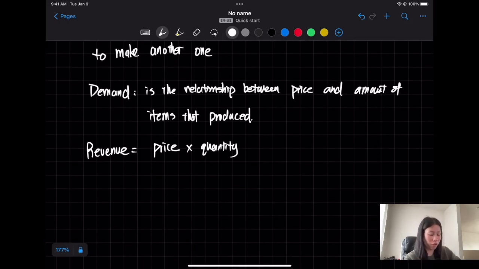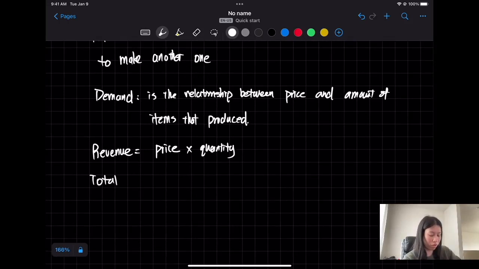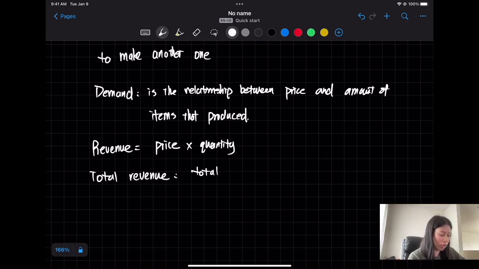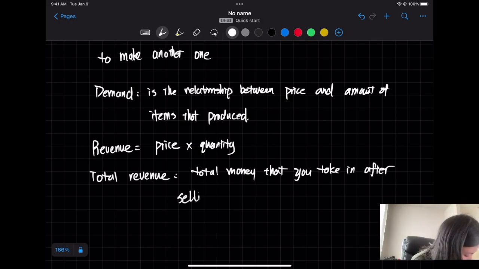So total revenue of Q items is the total amount of money you take in after selling Q items.